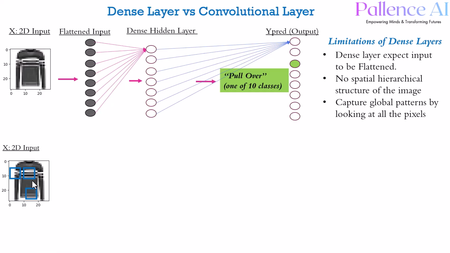You take the magnifying glass and scroll it over the entire image, and maybe you find some pretty interesting patterns and put them somewhere. Then you take another magnifying glass, another filter, and look at the image again. This filter is looking at slightly different patterns. Then maybe the third filter. And then you collect all the things your filters have seen, put them together, and create a final output shape.